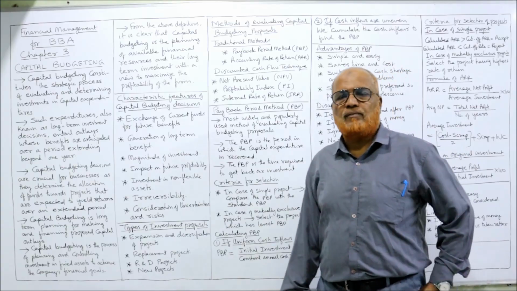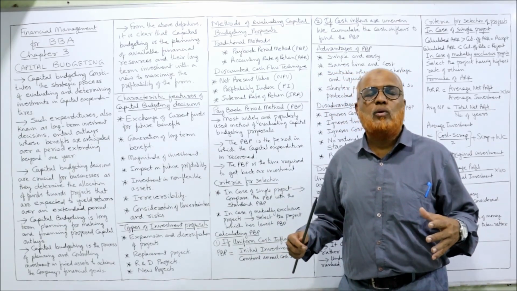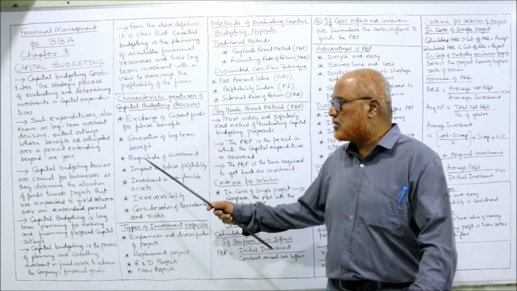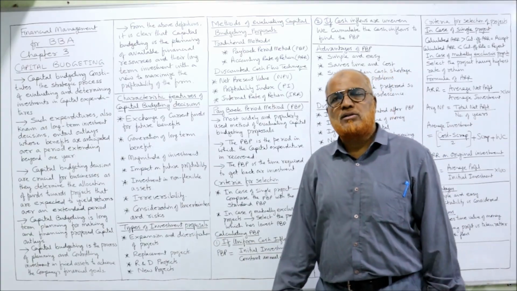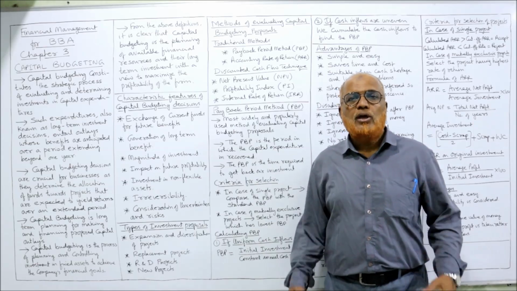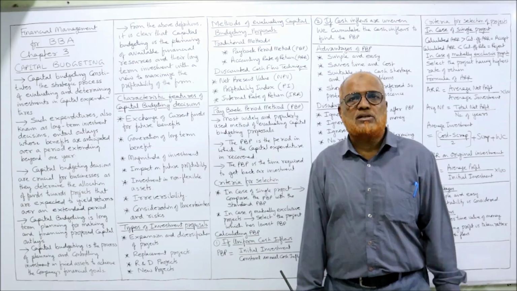Generation of long-term benefits. Expenditure is incurred now, but benefits we are going to get not in 1 year, but in many years. Magnitude of investment. Normally the amount involved is very significant. Huge amount is involved in capital budgeting decisions.